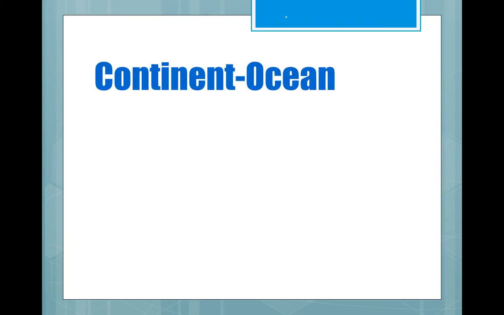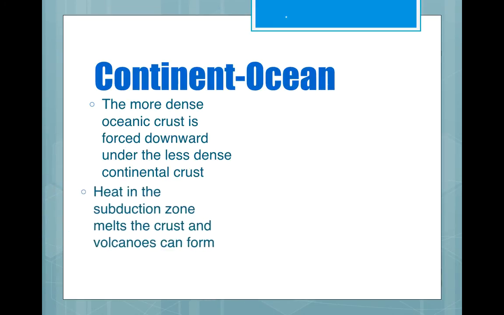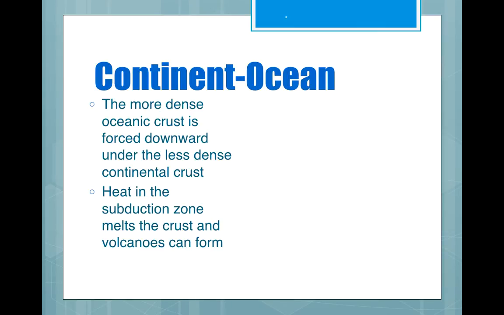Second type of plate boundary is called continent-ocean. And here, the oceanic crust is more dense, so it is forced downward. It subducts underneath the less dense continental crust. As that oceanic crust is forced downward in the subduction zone, heat starts to take over and melts the rock.